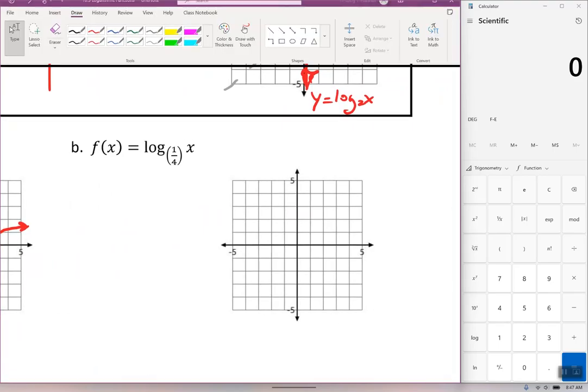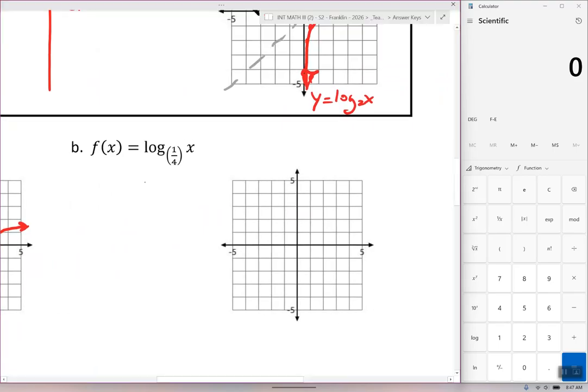Okay, let's graph one more. So again, changing it to exponential. Remember, f of x you can just think of as the y. So we have 1/4 to the y power equals x. Let's make a t-chart. Put in those numbers for y this time as our input. So -1, that flips it, gives me 4. I have a point at 4, -1. 0 gives us 1, as always, 1, 0.